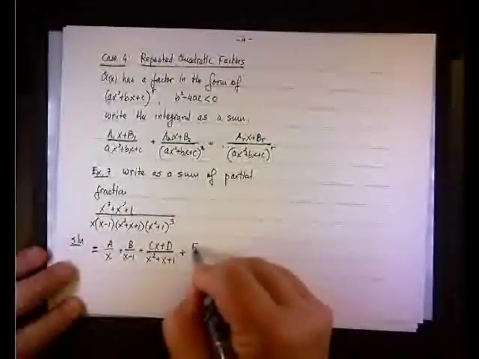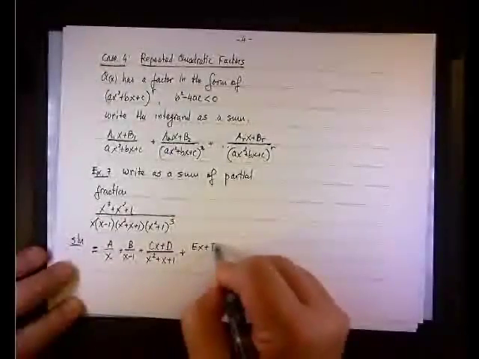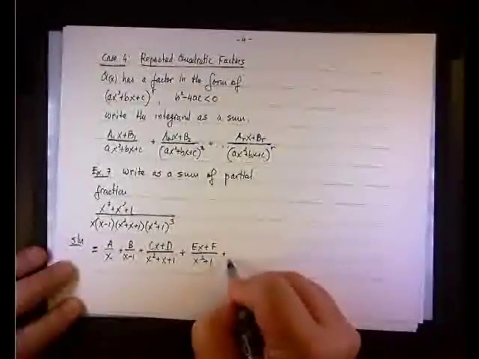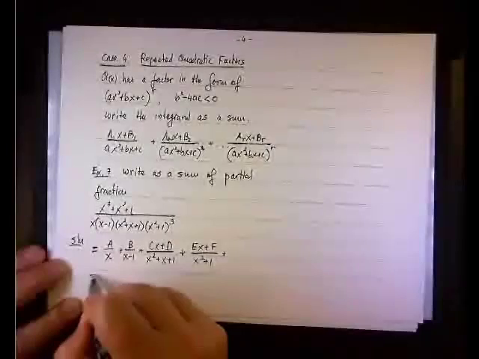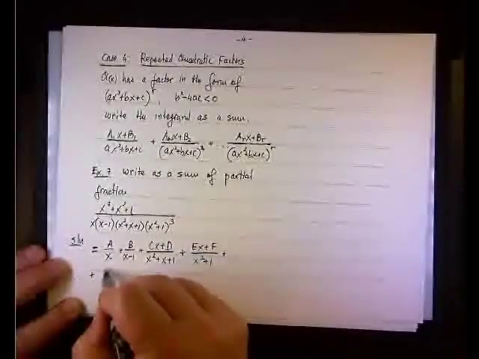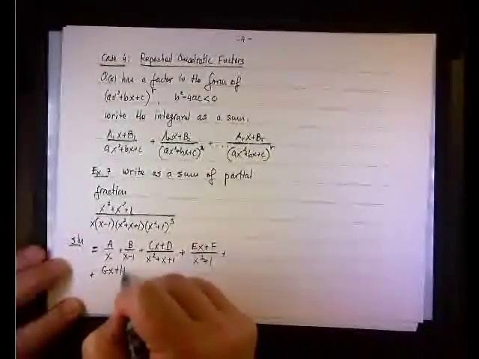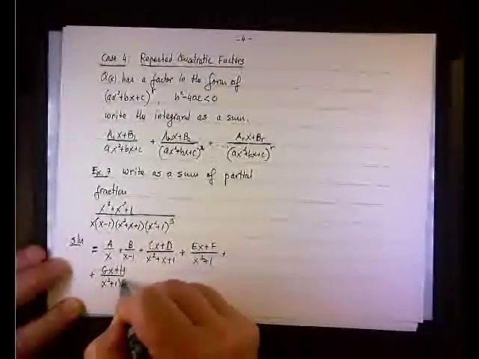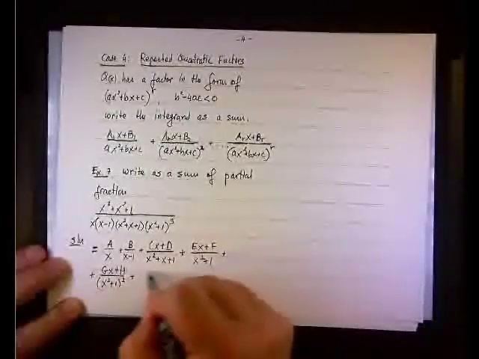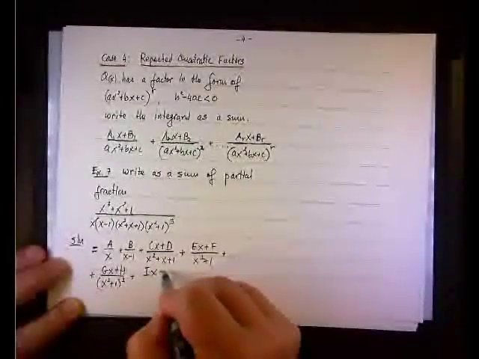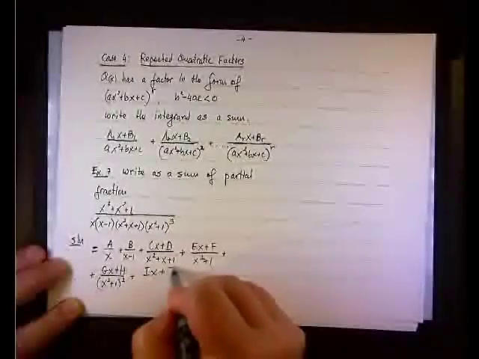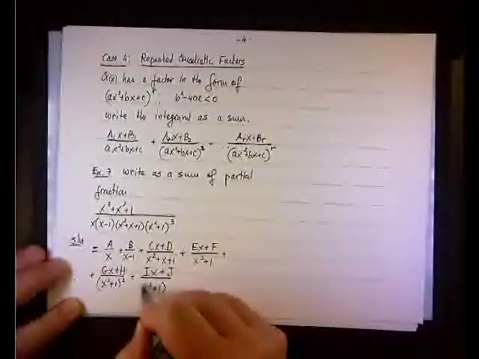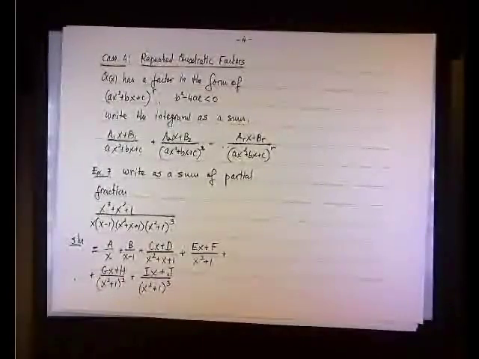So the first one will be Ex plus F over x squared plus 1. The next one will be, what comes after F? Gx plus H over (x squared plus 1) squared, right? And then lastly, we have Ix plus J over (x squared plus 1) cubed. Okay?